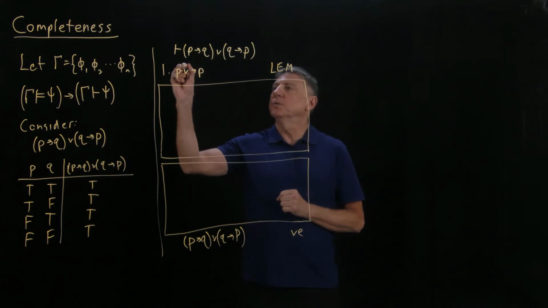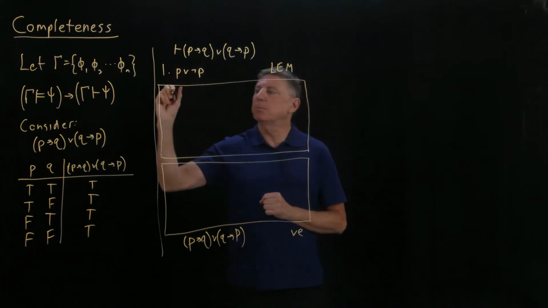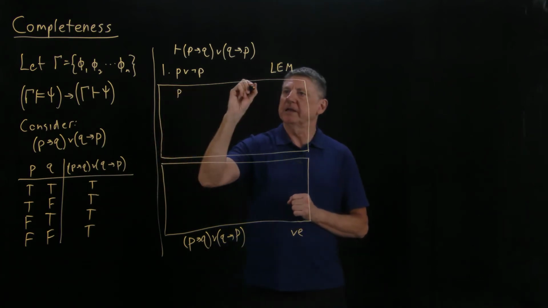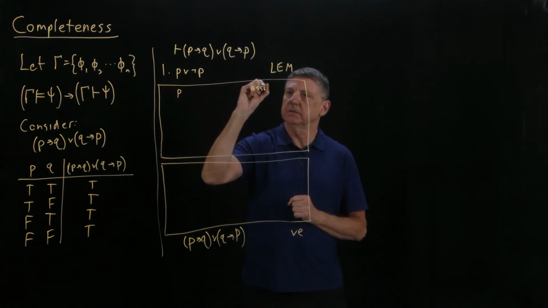We then put the left disjunct into the top line of the first box, so that would be P, and we write down our reason is that's an assumption.